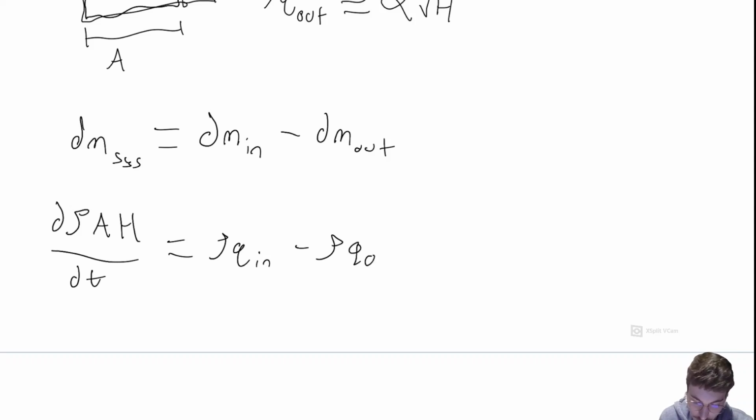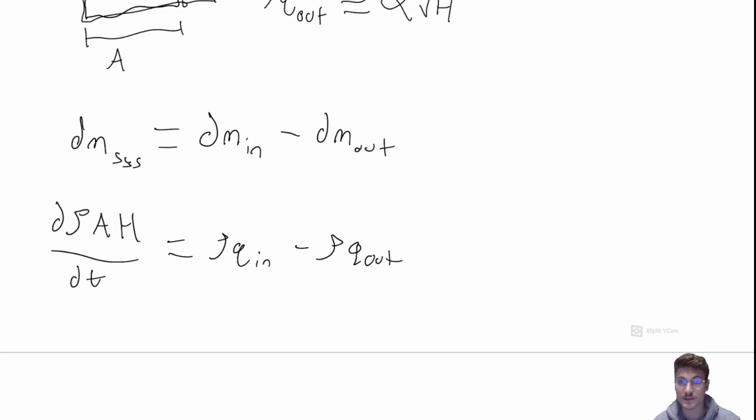so Q out. And the reason we do this is because the units actually cancel out, and we can see that the density times the flow rate, since it's in cubic meters per second, the cubic meters cancel out.